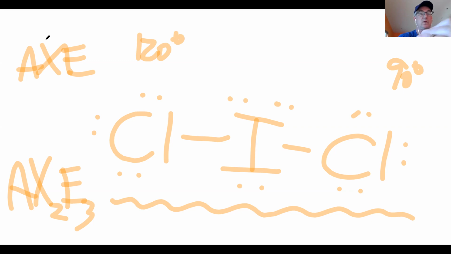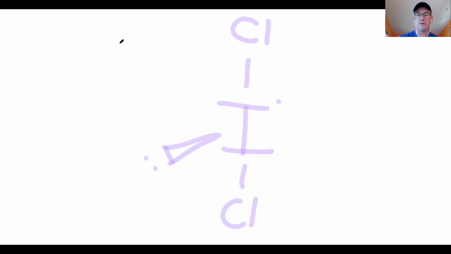So let's draw what that would look like. I have my iodine in the middle and my chlorine on the top, chlorine on the bottom, and my lone pairs there, lone pairs there, and a lone pair there.